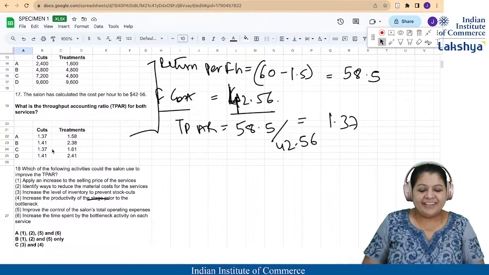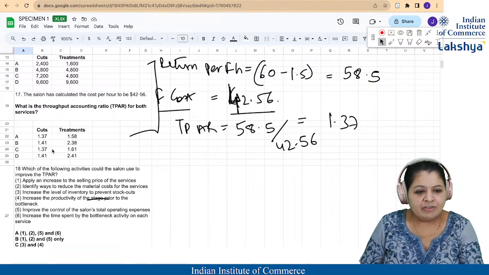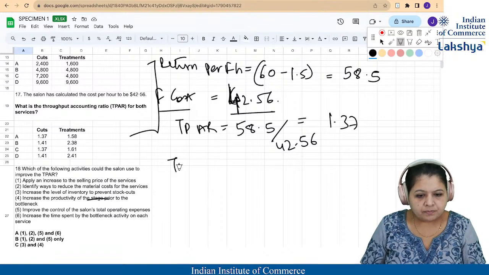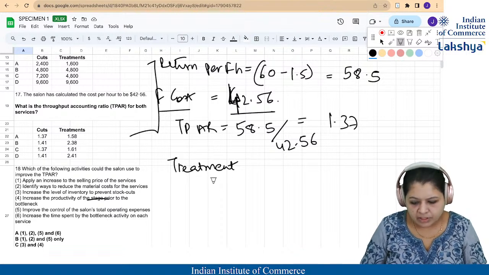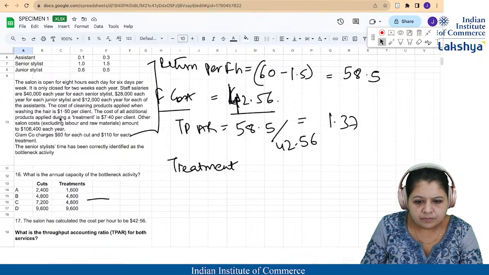Wow. Here we do have two 1.37s, right? So we need to find out the next value also, which is for our treatment, right? So for treatment also, we have the factory cost. We just need to find out the return per factory hour, which is, let's see how much they're charging for treatments.